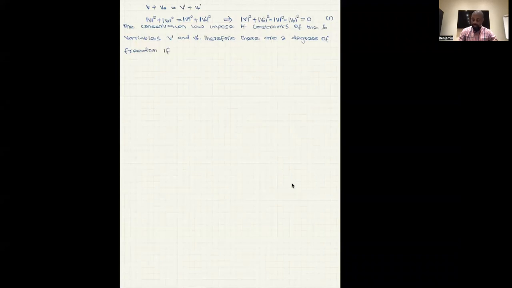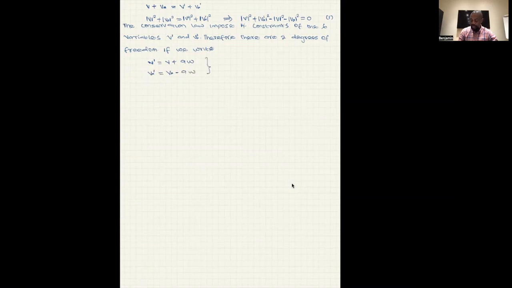Now, if we write v prime equal to v plus A times omega and v star prime equal to v star minus A times omega, let's call this equation 2, where A is a scalar function to be determined and the absolute value of omega is equal to 1.